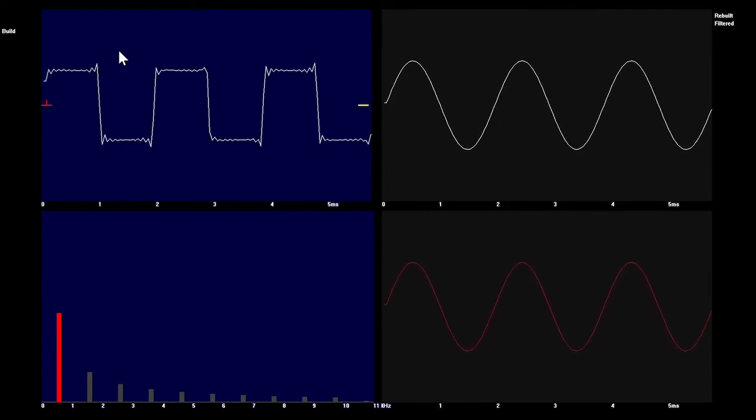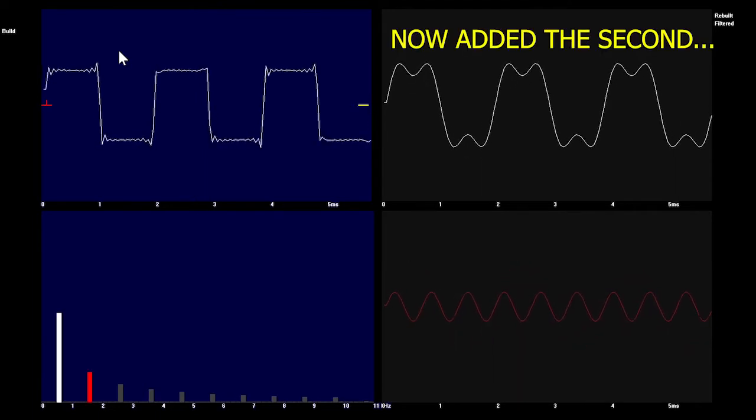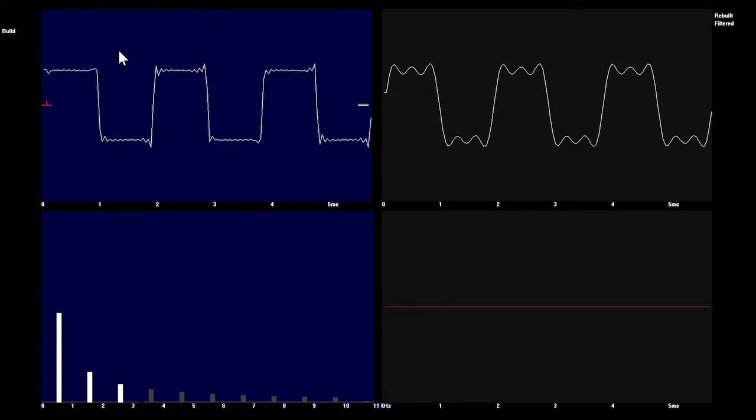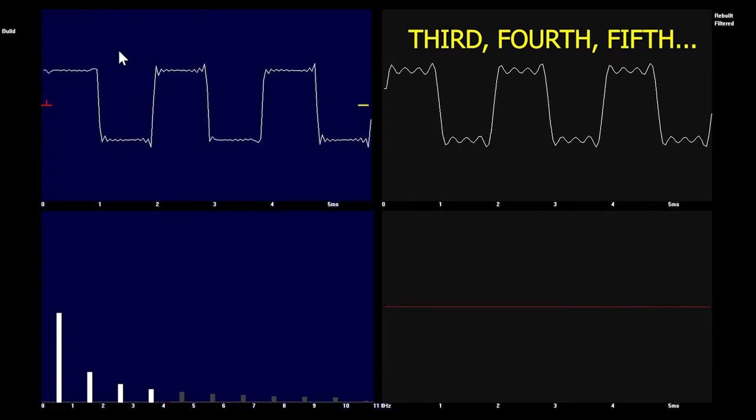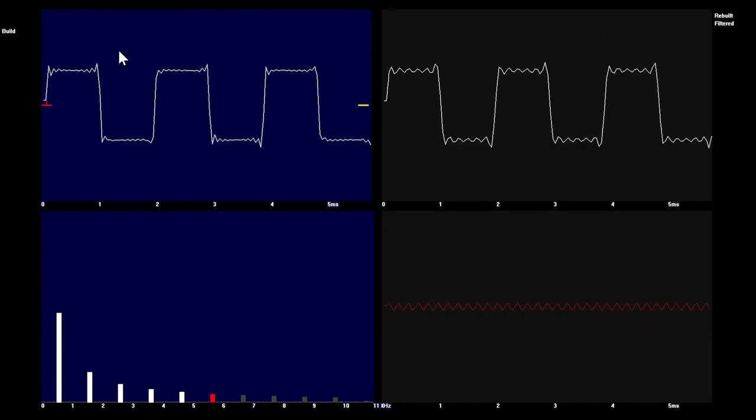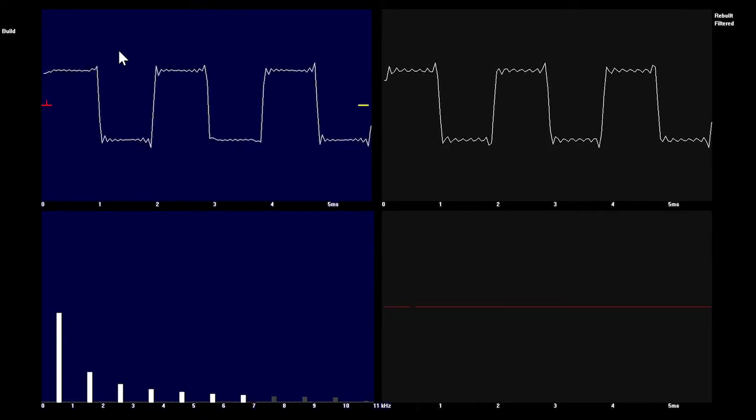If I add in the second frequency component, you can see it fills in a few of the rough edges and looks a little more like the square wave. I continue adding the third, fourth, and fifth components, and with each one, we get closer and closer to the input square wave. Until, with the addition of the final sinusoid, we get back to the square wave input.